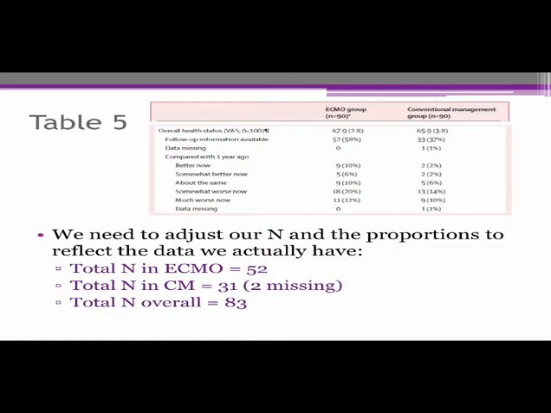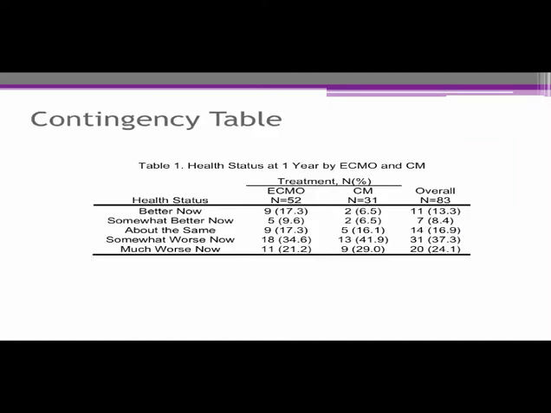So we can take those numbers and enter them into a new Table 1, which would summarize the status at year 1 by ECMO and conventional management. You can see here that the better now was 17.3% in the ECMO group versus 6.5% in the conventional management group, with the overall better now 13.3%.